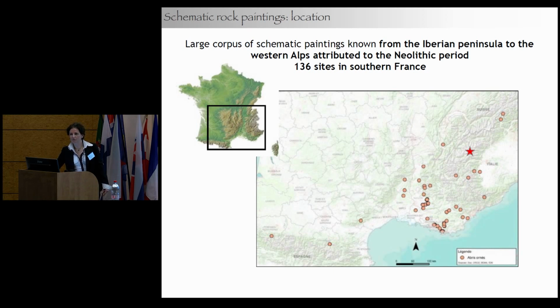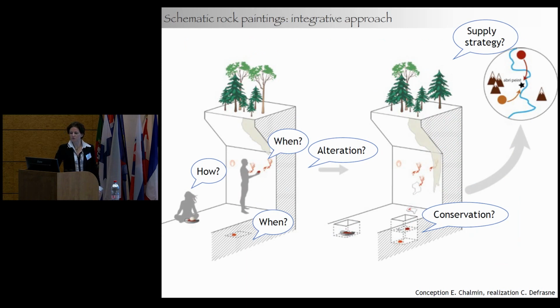She is Claudia Defrasne, and she helps us to study with an integrative approach to know more about these schematic paintings. We develop this integrative approach based on an archaeological approach, a geomorphological approach, and the physicochemistry of the painting matter.